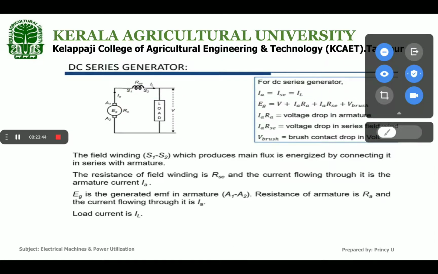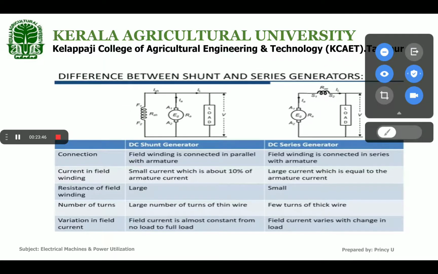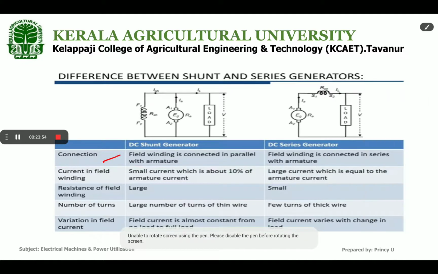Then next, these are the differences between shunt and series generators. According to the connection, what are the differences? The field winding is connected in parallel in a shunt generator. In a series generator, the field winding is connected in series. And how much is the current in the field winding?